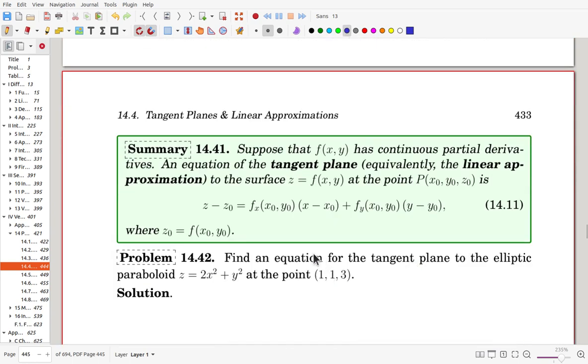Okay, here we can summarize the argument. Suppose that f of x, y has continuous partial derivatives.